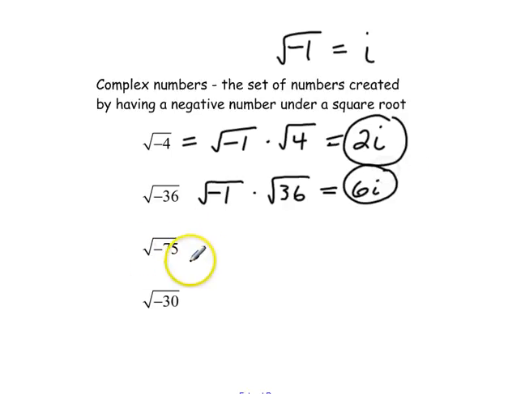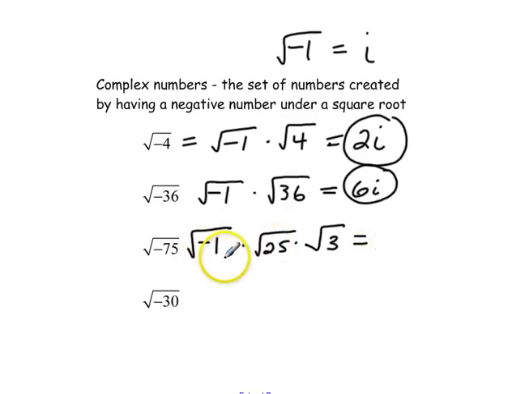The square root of -75. Since 75 isn't a perfect square, we're going to simplify it the way we normally would. But first we're going to take out the square root of -1. The square root of -1 times the square root of 75, which we simplify into the square root of 25 times the square root of 3, because we know 25 has a perfect square root.